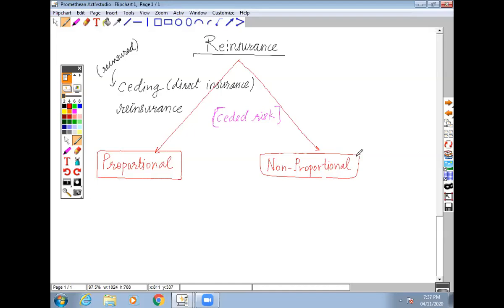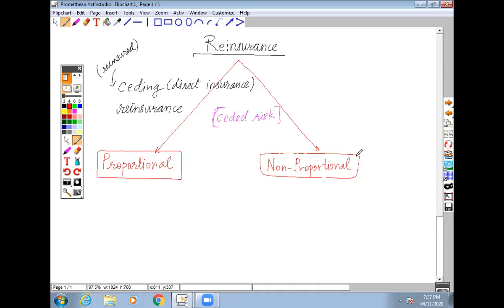Because if the reinsurance company were to insure each and everything, then okay. Again, whenever we are looking at reinsurance aspects, it is not exactly something that the customer and the direct insurance company have in general, but something else.